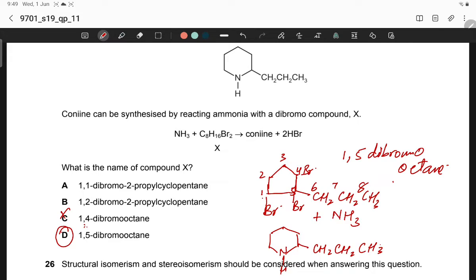Structure 1,2 dibromo is also not possible, so this is also incorrect. 1,1 dibromo, no, it is also incorrect. Only D option is correct, 1,5 dibromo.